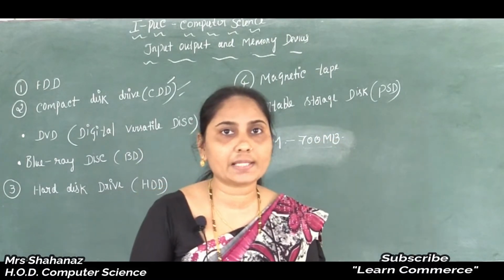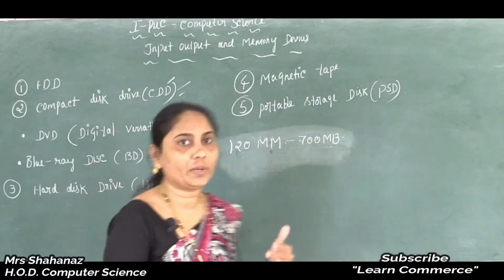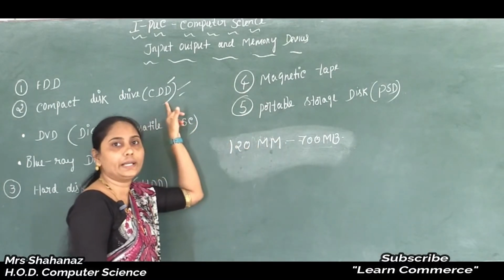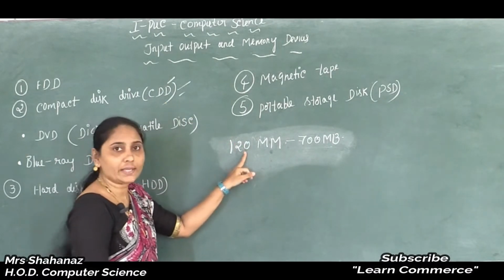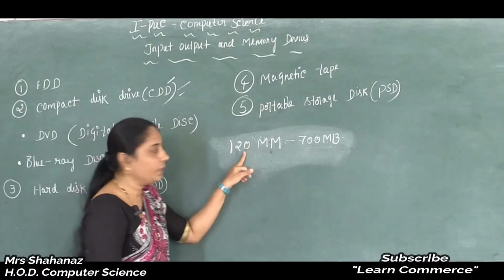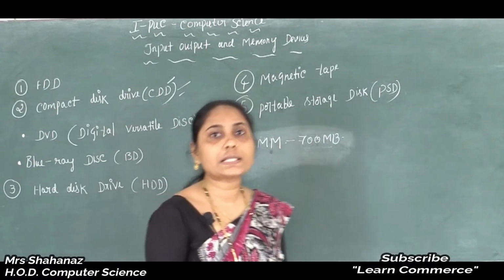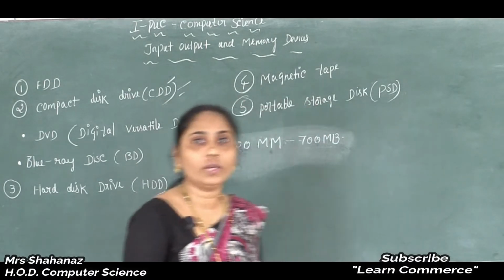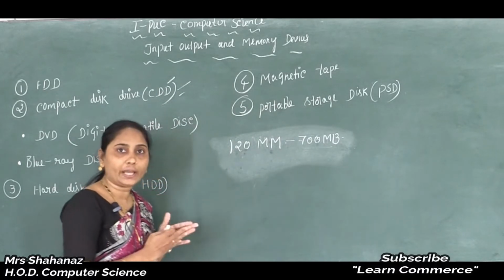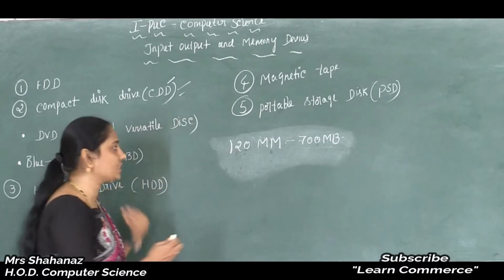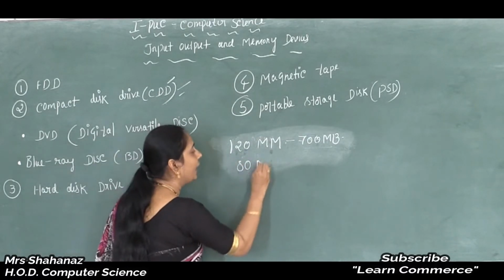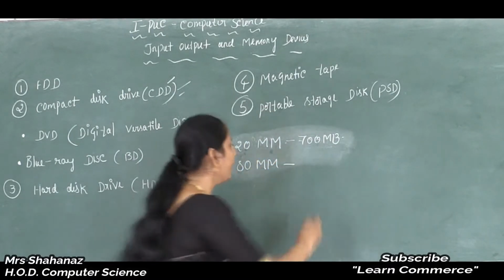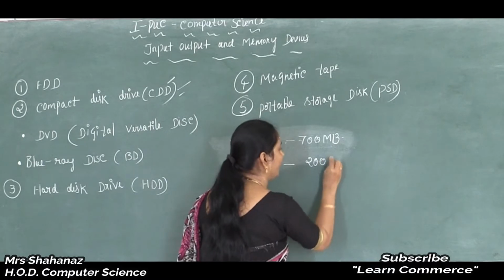That means we can store a lot of information by using a device like our CDD. The 120 mm size can store up to 700 MB of information. Similarly, if you take another diameter of CD, the 80 mm one can hold approximately 200 MB of information.